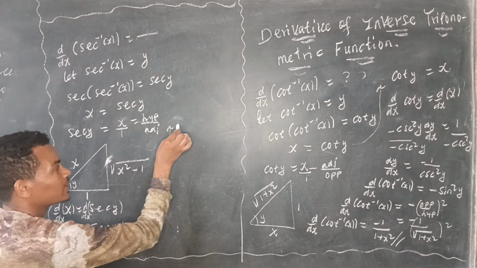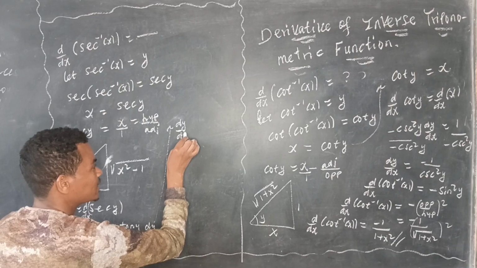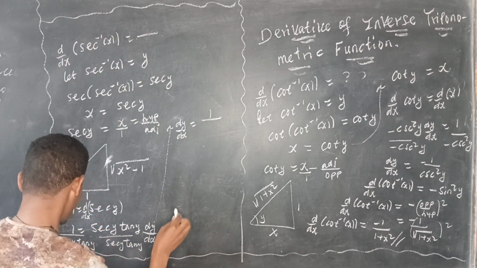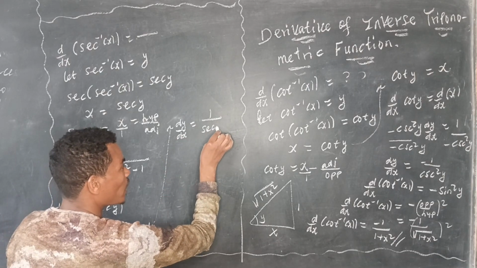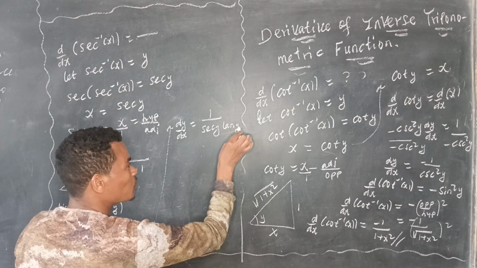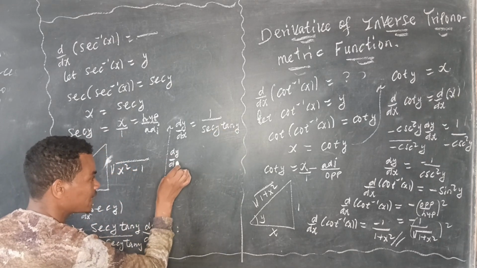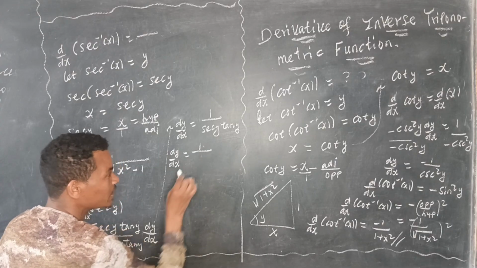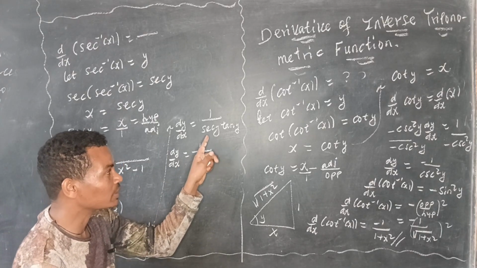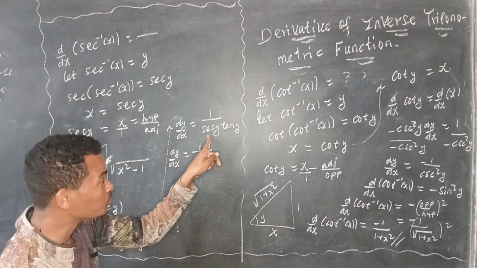That is dy by dx is equal to 1 over sec y tan y. And from this one, dy by dx is equal to 1 over sec y, which is the reciprocal of cos.